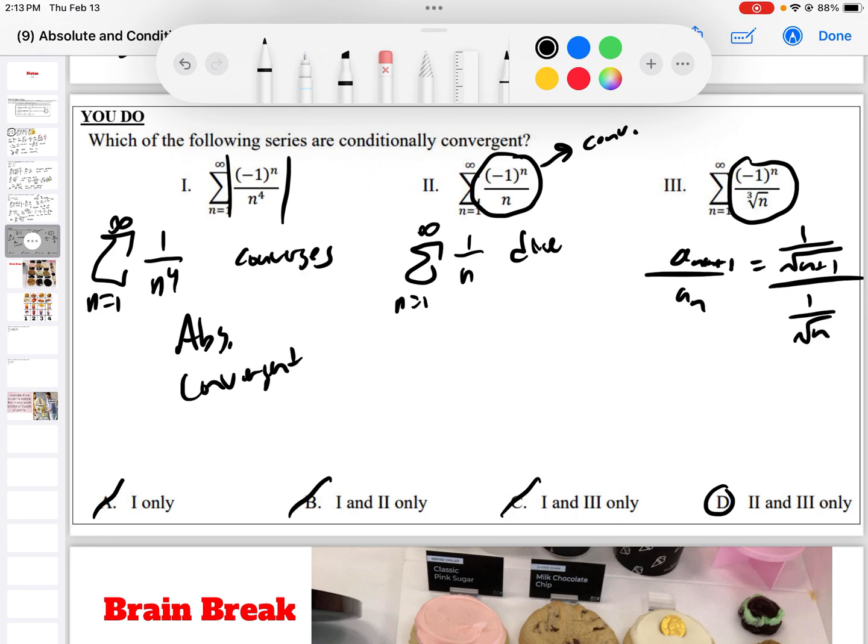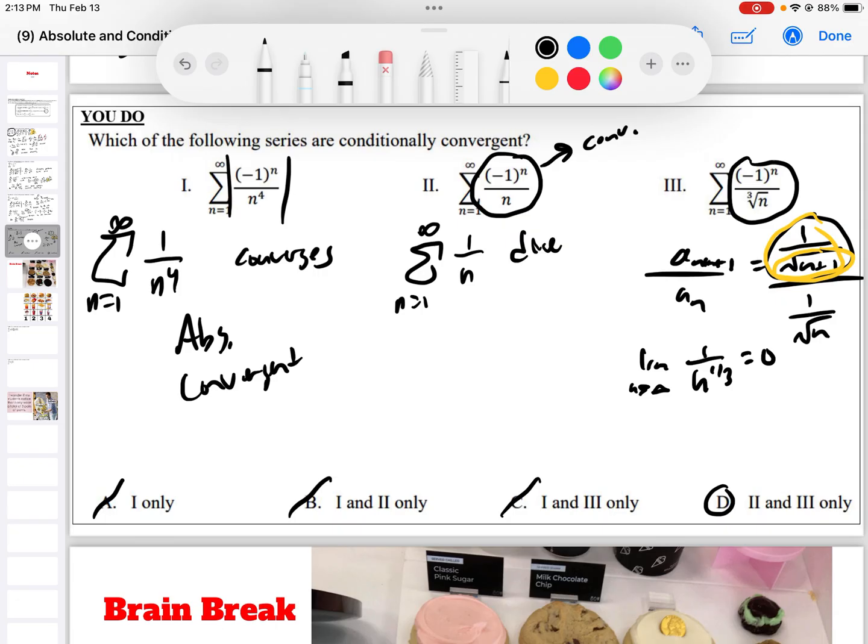And that is going to be less than 1, because the denominator up here is bigger, making the overall number smaller. So it's decreasing, and the limit as n goes to infinity of 1 over the cube root of n is equal to 0.